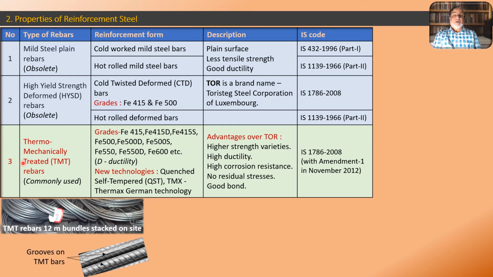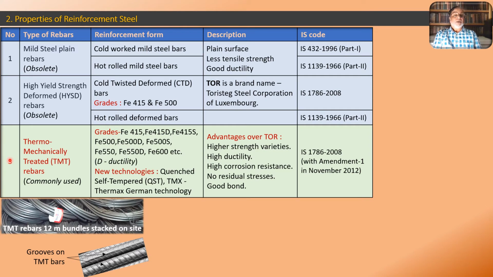Now IS 1786 2008, along with its amendment 1 in November 2012, and IS 456 2000, together mention these grades of steel. Now this Fe600 is yet to come in the course, but it has come in the market.